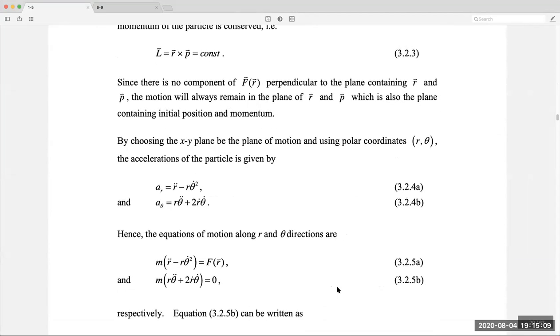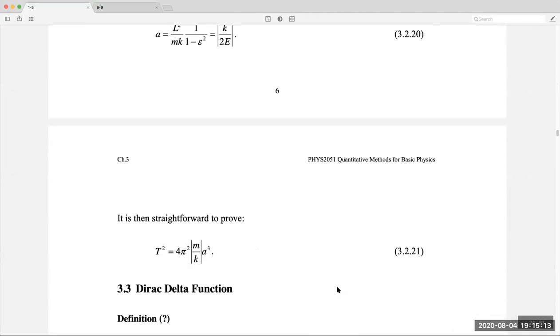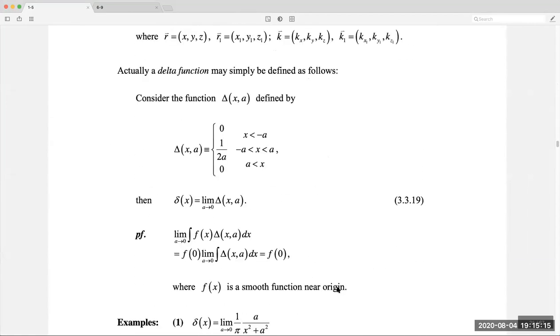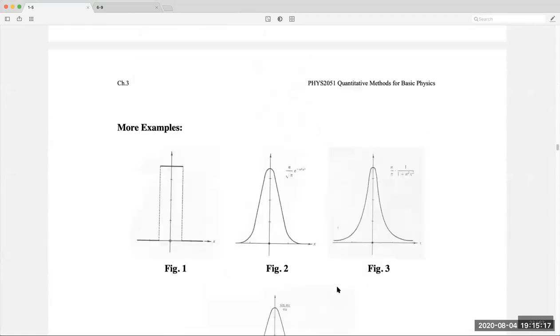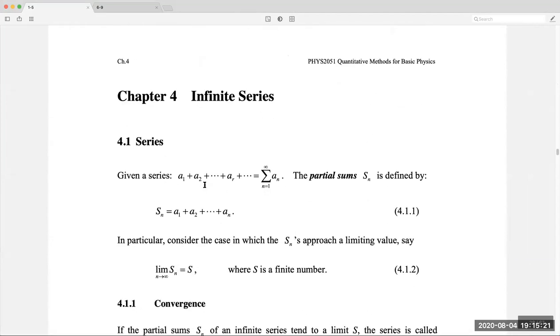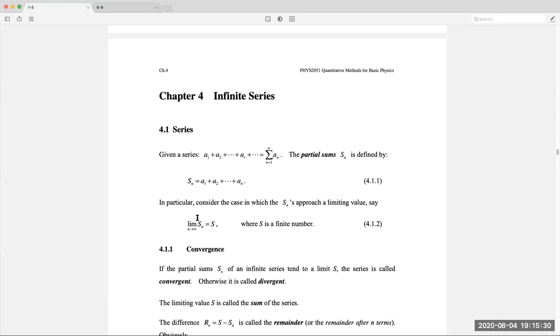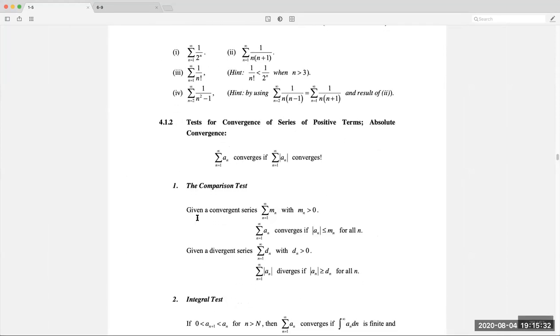You can just skip those topics that I haven't talked about, okay? But if you are interested, you can look at this content. I don't need to talk about what is meant by geometric series and arithmetic series.